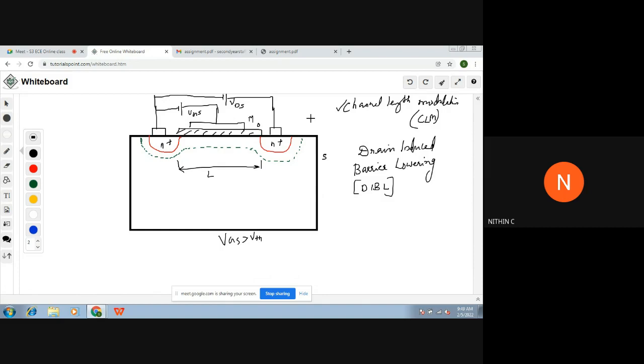What is the direct effect of increasing VDS on the channel?